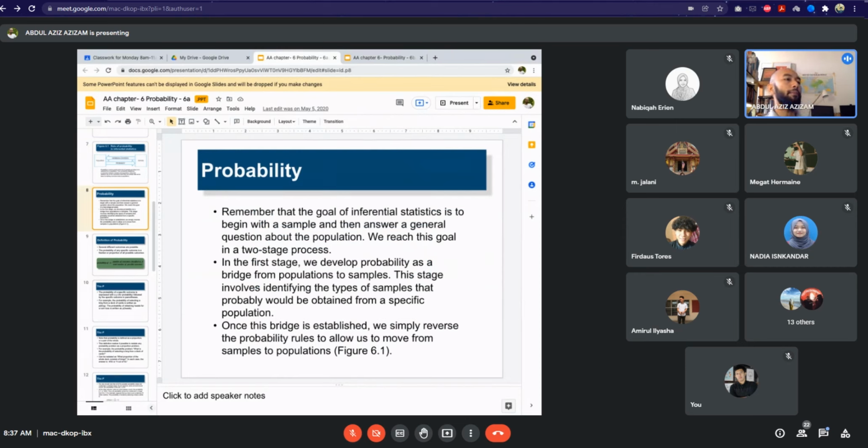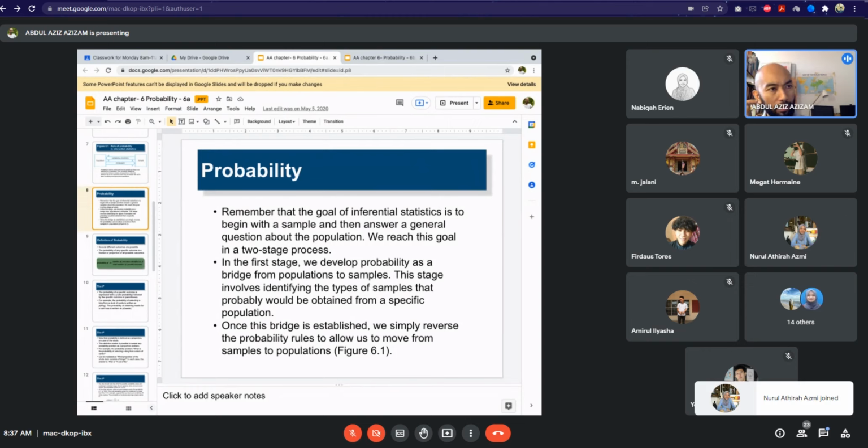Okay, remember the goal of inferential statistics is to begin with a sample and then answer the general questions about the population. So we reach this goal in two-stage process. The first stage, we develop probability as a bridge from population to sample. This stage involves identifying the type of sample that probably would be obtained from a specific population.